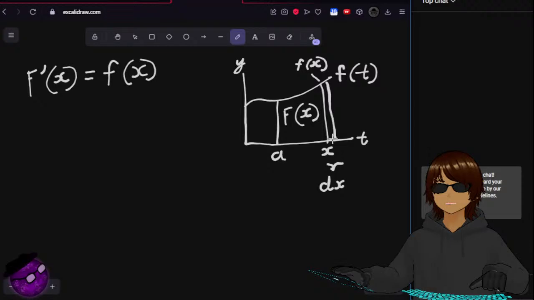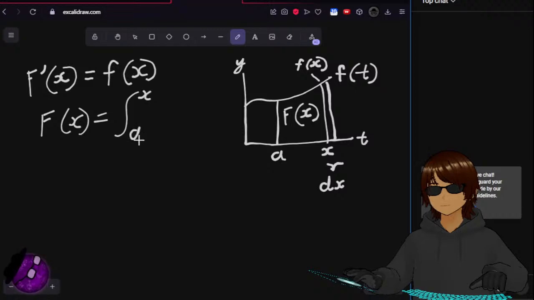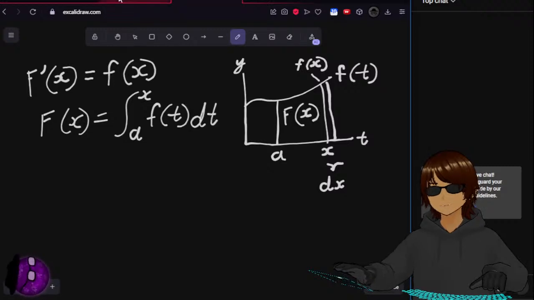So how much the area changes for a very tiny increase in x, that is approximately equal to f of x. So first of all, the definition of this is that f of t dt. No, why is this not loading?